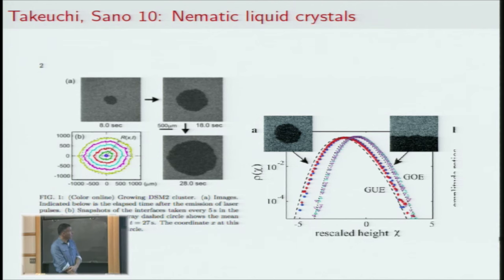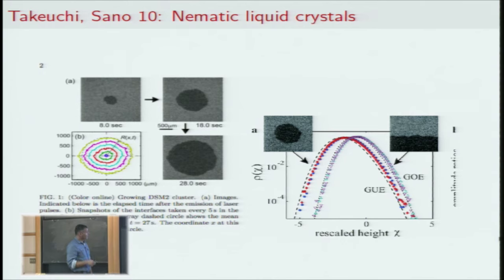Okay, so here's another picture. What Takeuchi and Sano managed to create is an actual physical Eden model in the lab made out of liquid crystals. So the liquid crystals sort of float around in this chaotic sea, and then they line up with each other and form this growing blob of the black stuff. So there, if you start with the seed, the thing grows like this.